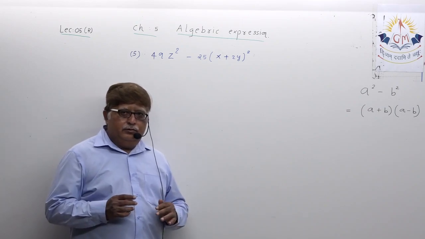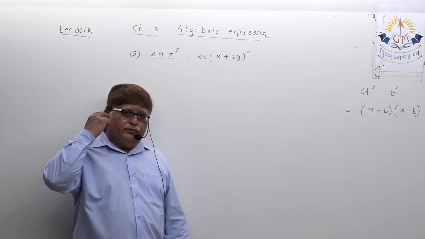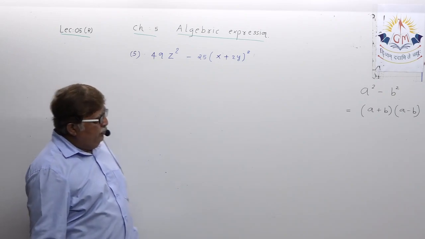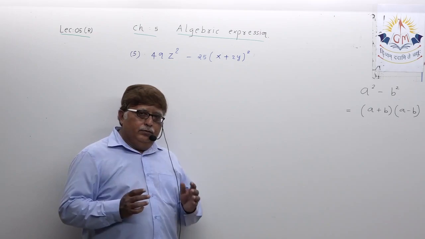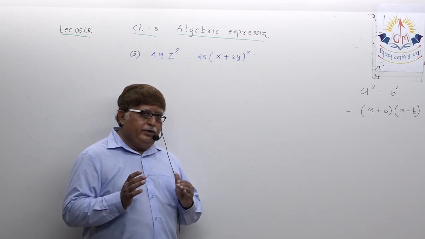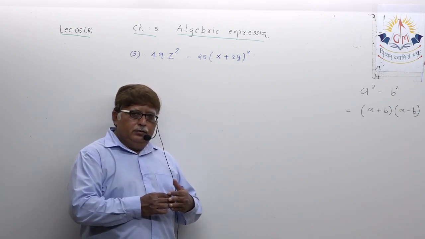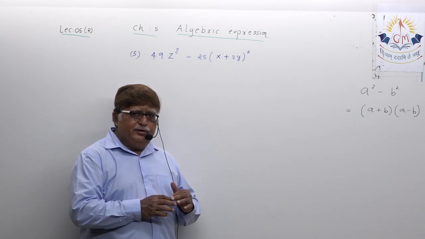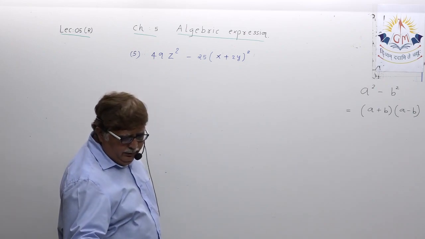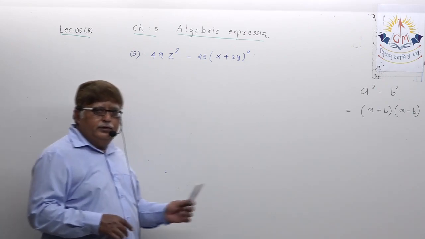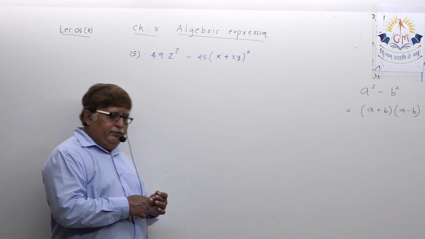We are not going to change the identity. Identity will remain the same. But important here is this, that here the bracket appears in the second term. Method will remain little varied from the first one, and you should be very conscious when we solve this example here. Be very conscious.